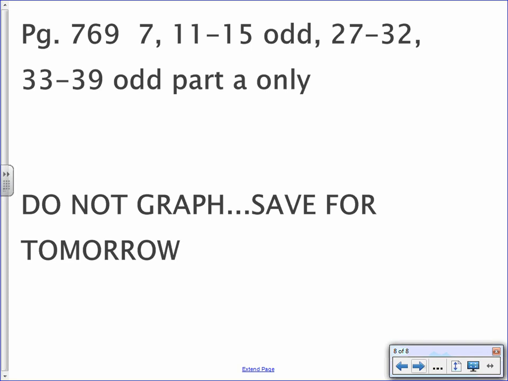What I want you to do is go ahead and get started on these. We have some time. Tomorrow is going to rely on you attempting these problems tonight. So you need to come in for tomorrow with some attempts on all of the algebra ones, so that we can discuss where we made mistakes, and then we can discuss how to actually graph these. If you don't do the algebra, you can't do the graph.